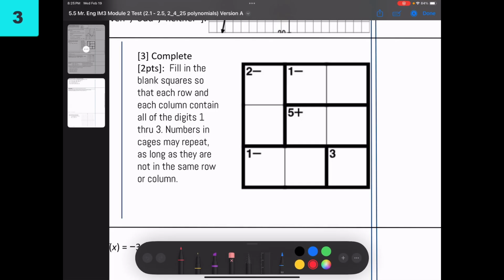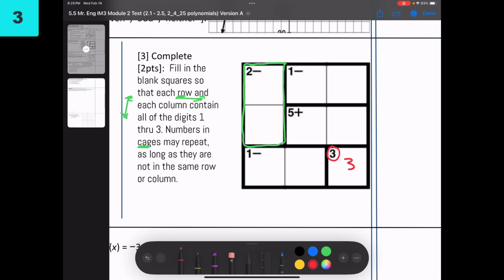So that each row, rows going this direction, columns going up and down, contain the digits 1, 2, and 3. Numbers in cages, so cages is the darkened area like this one, but they cannot repeat. So this is the easiest one. There's a freebie, that's a 3.